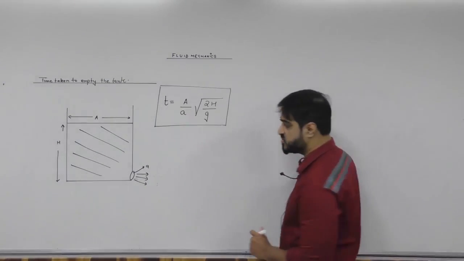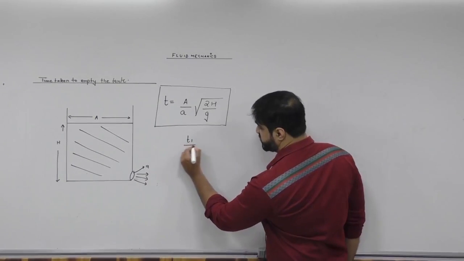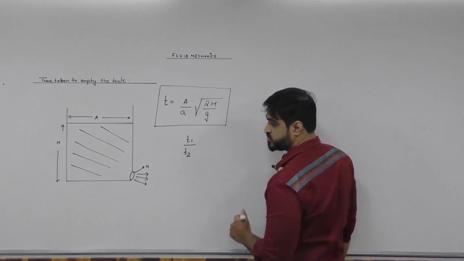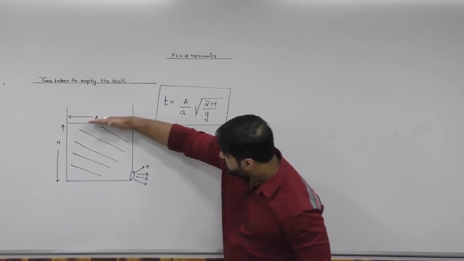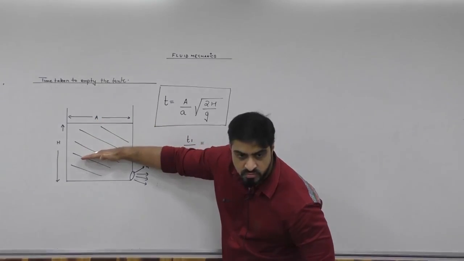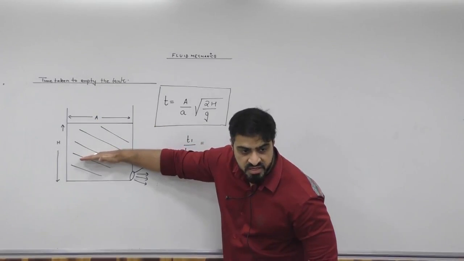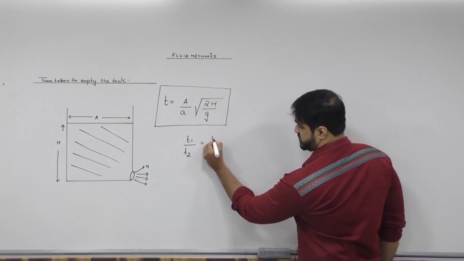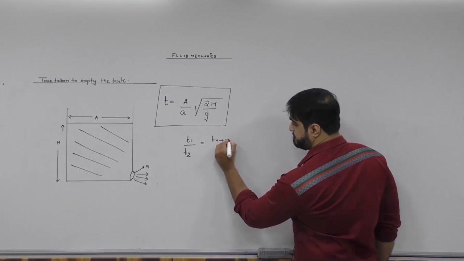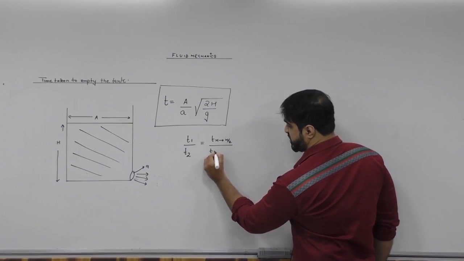We want t1 is to t2, that is the time from h to h by 2 and then h by 2 to 0.